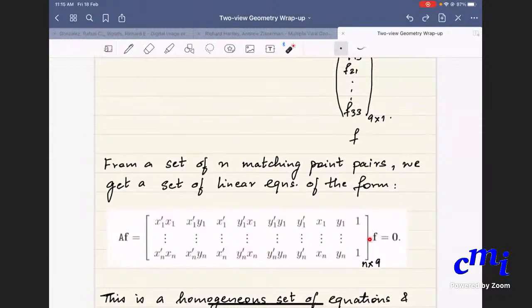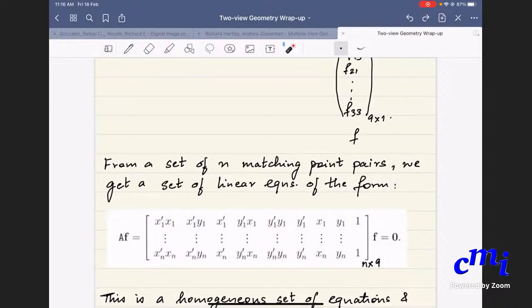You have this vector F here. Each time you will have a 1 by 9 row, and you stack whatever n correspondences you have, so that you get an n cross 9 matrix A, and A multiplied by F should be 0. Everything clear so far?